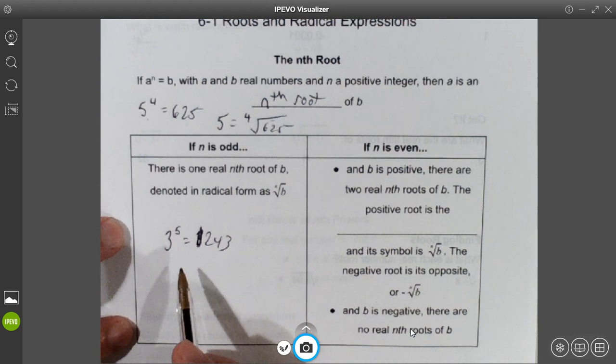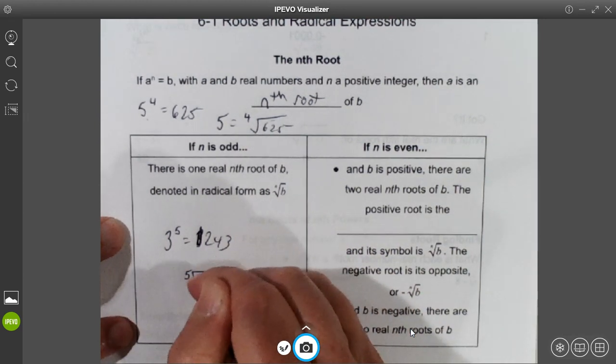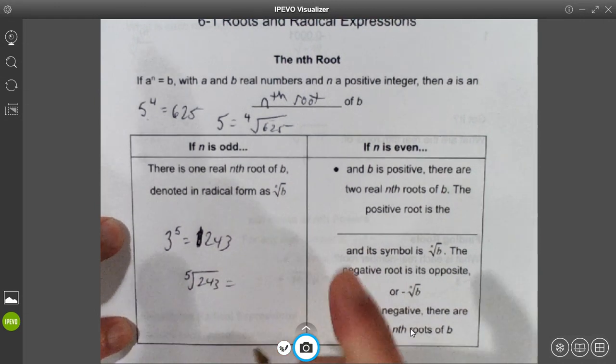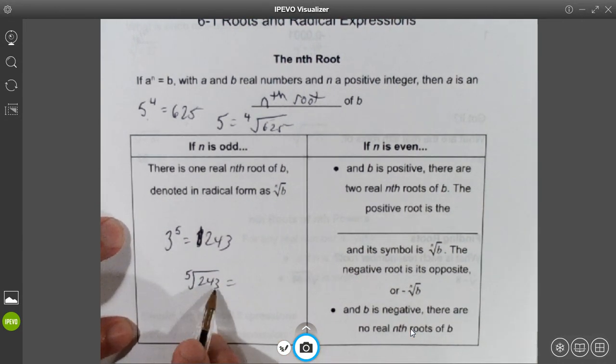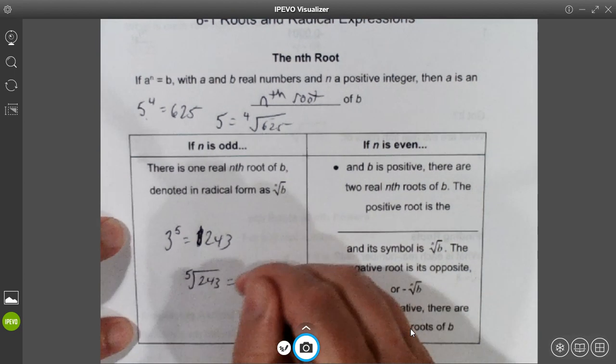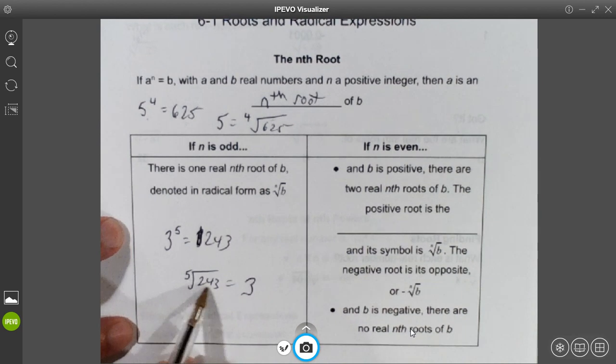So the fifth root of 243, there is one and only one answer to that. What times itself 5 times gives you 243? There's one and only one answer. So if n is odd, regardless of what the number is, there will always be only one answer.